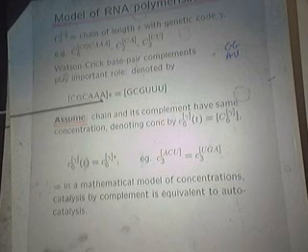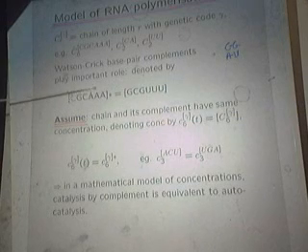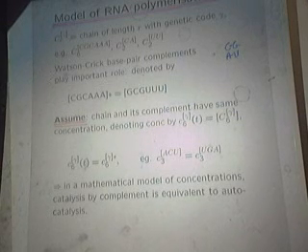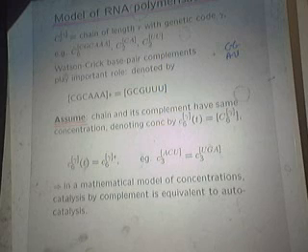And so we have a complement, which you get by swapping the C's to G's, or swapping the A's to U's and vice versa. And we're going to make one fundamental assumption that a chain and its complement have the same concentration.